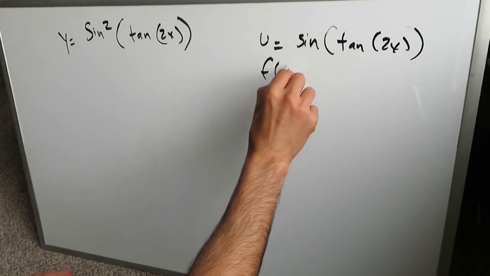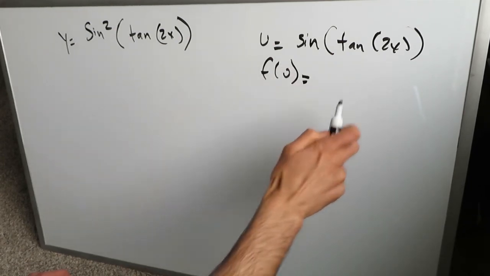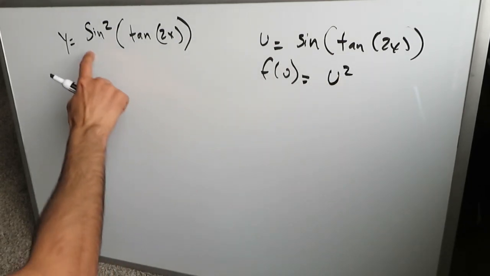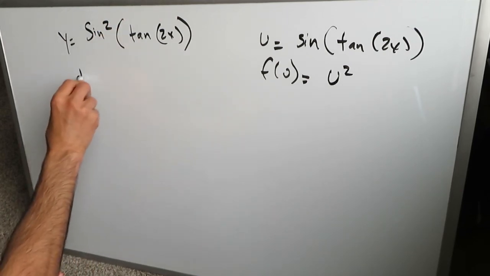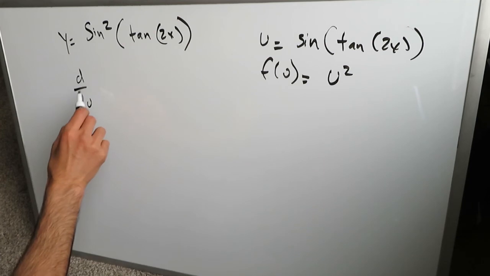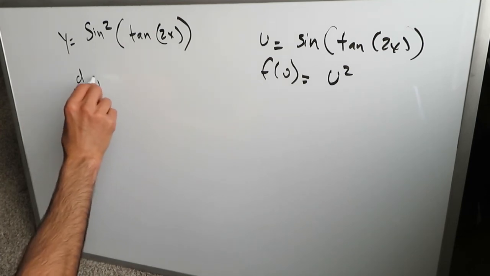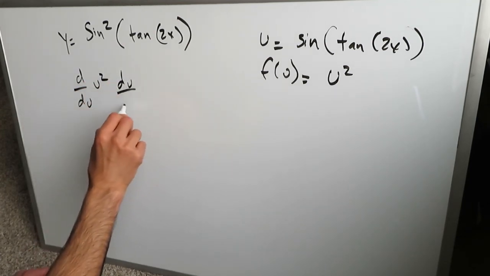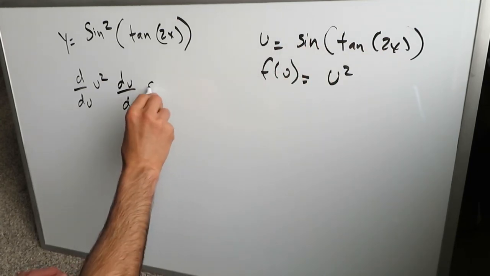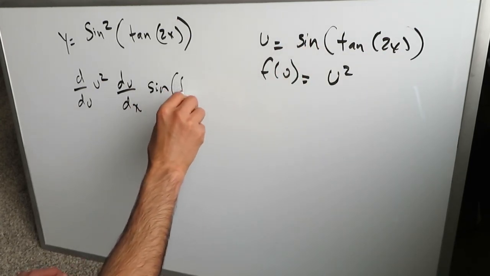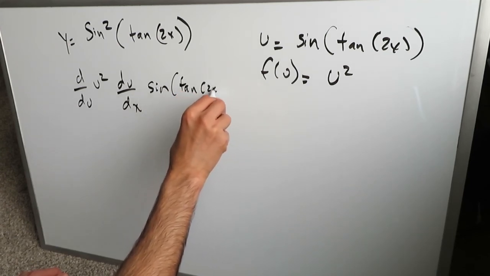Therefore my first part of the composite function should just be u squared. If all of this is u, then you know you're dealing with u squared. So you're going to look at something like this: the derivative with respect to u squared, and then the derivative with respect to everything else you have left, presented right over there, sine of tan 2x.